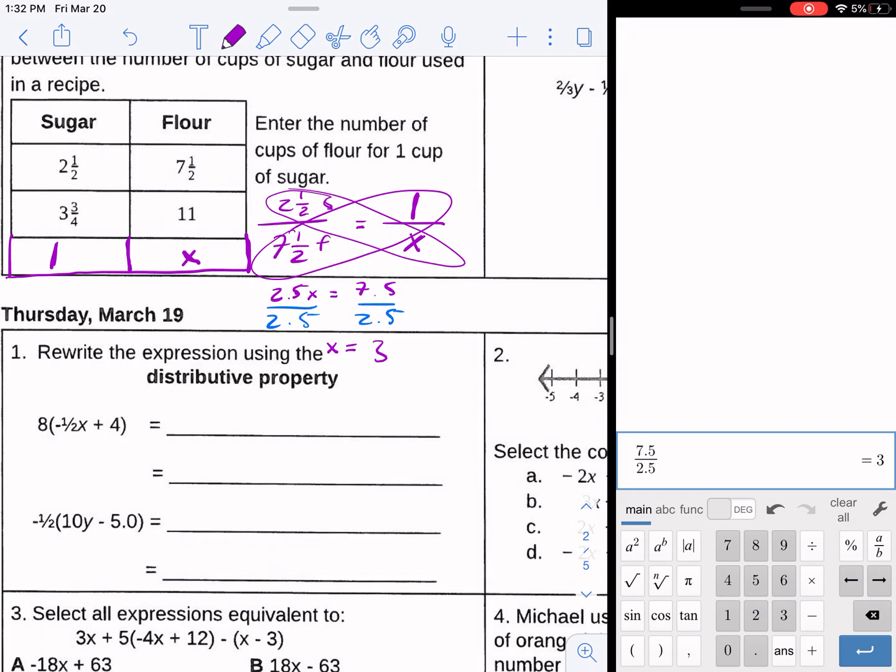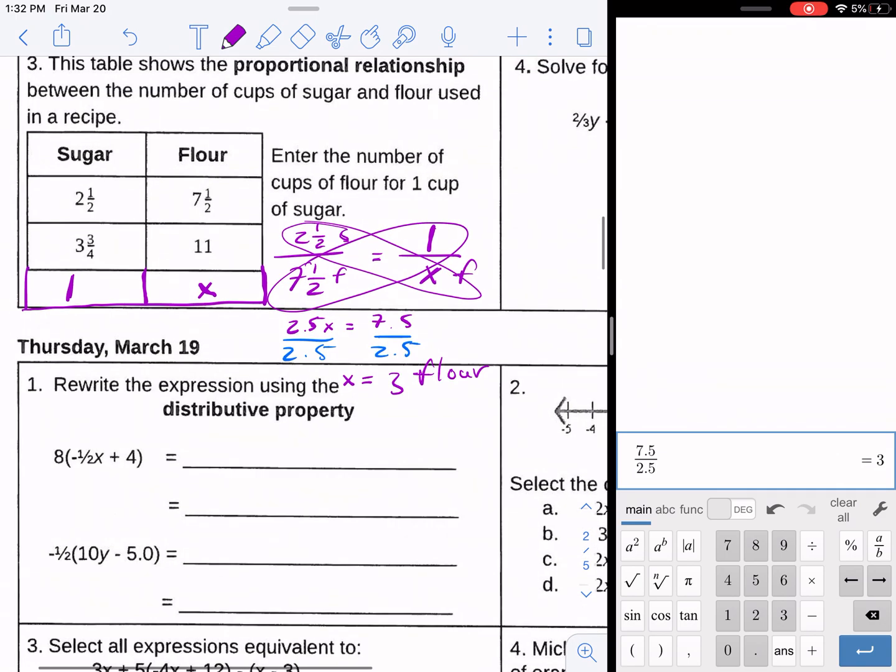So this should be 3 cups of my unknown, which was flour. All I did was continue the table and got to where I needed to get to. There's lots of different ways you could have done this one. I just chose one path that I saw.